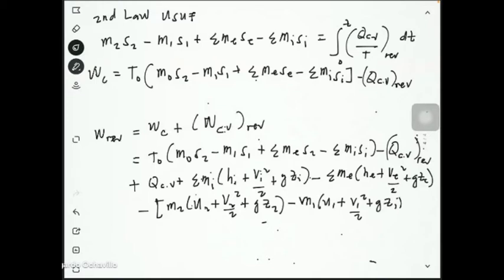Meaning to say your M1 is equivalent to M2.